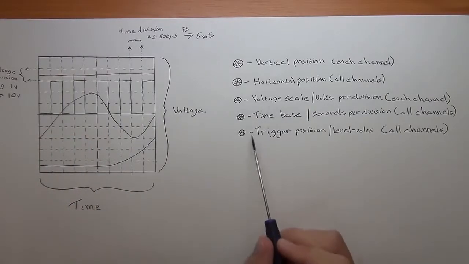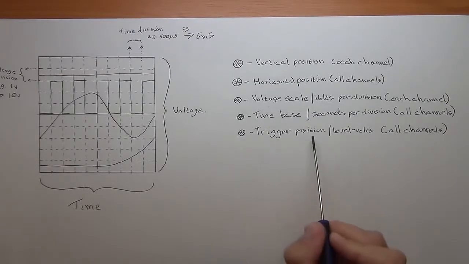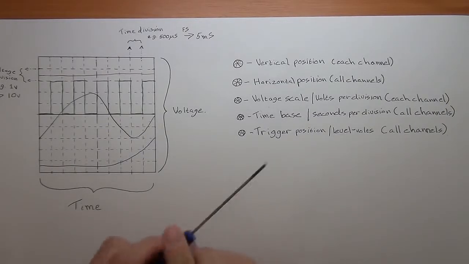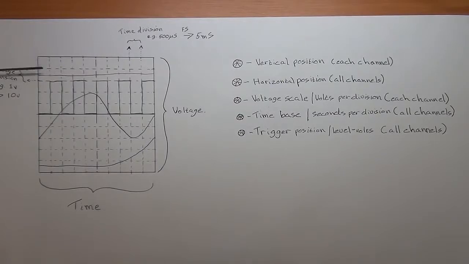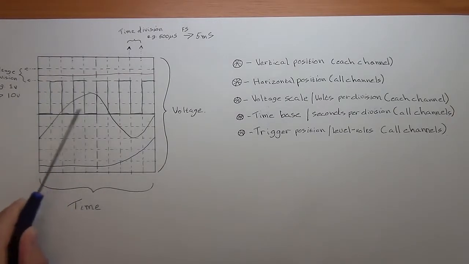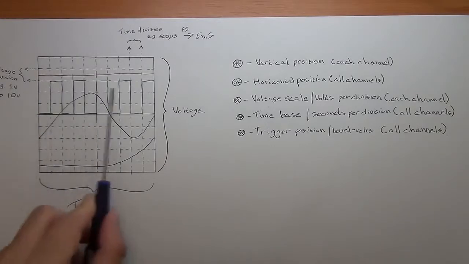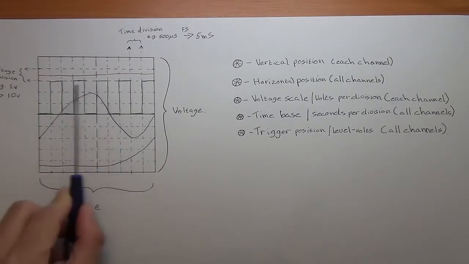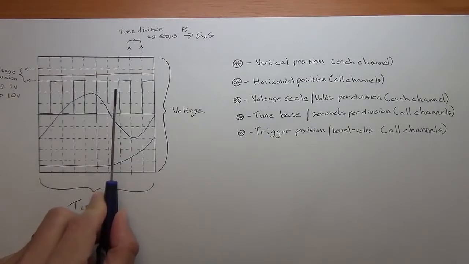Then another interesting and important adjustment is your trigger position, and that is something I'm going to demonstrate now. You can adjust that so that it gives you a stable view of your signal coming in. Your signal might not be a clean one which is displayed in the same position on your display the whole time.